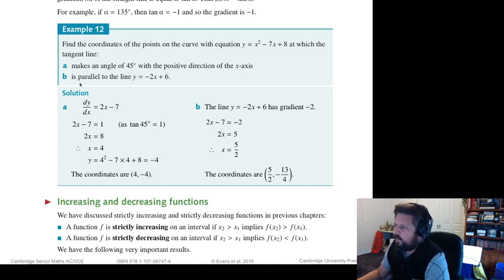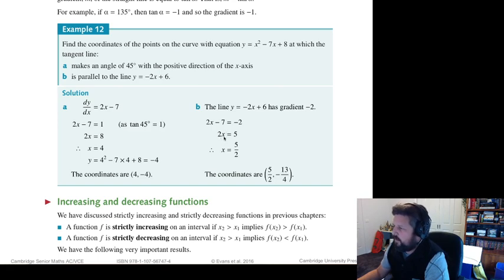Likewise, doing the same thing, but it's saying the line is parallel to the line y equals -2x plus 6. Again, what you need to know from this is that the gradient of the line is -2 here. So from here, you can find the derivative of this, and find when it equals -2, rearranging things.